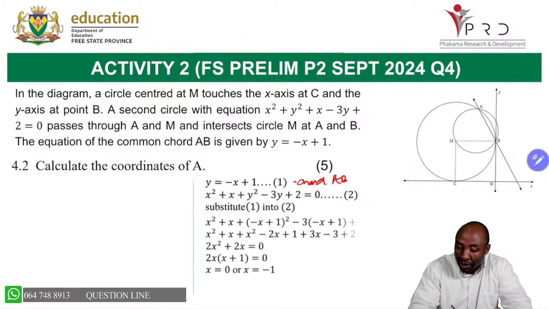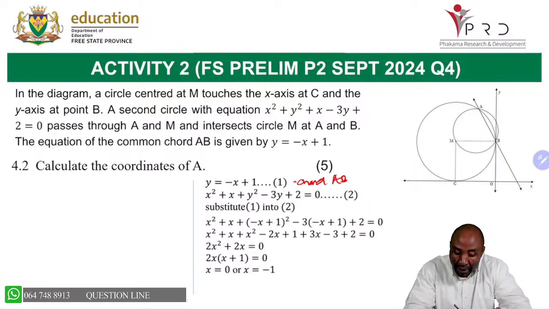We substitute, and where there's y, we put negative x plus 1. We square that. There's a lot of algebra involved. We need to practice. Then we get 2x squared plus 2x is equal to 0. The highest common factor there is 2x, which means our x will be 0 and negative 1.